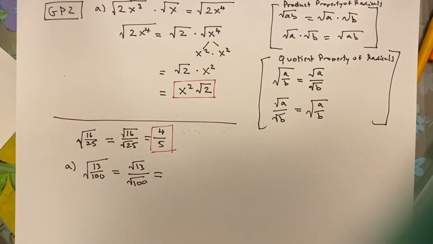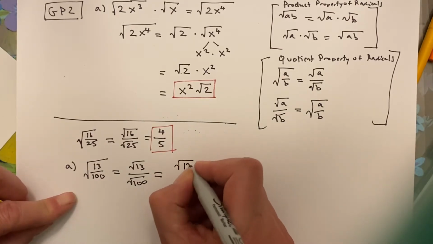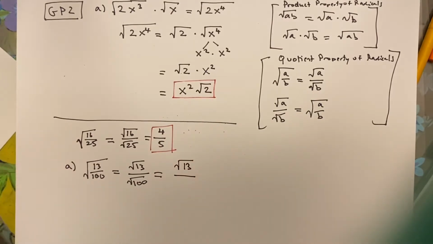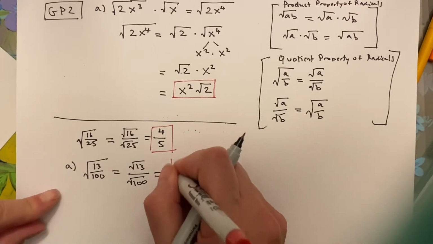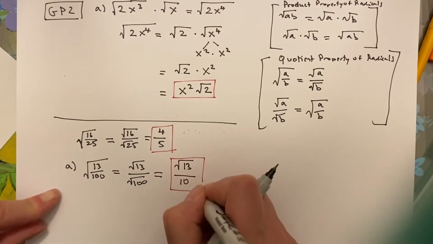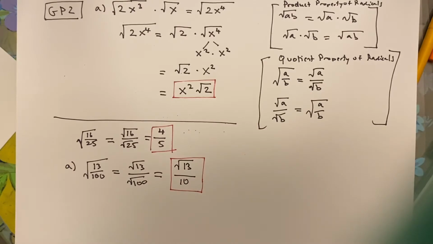Now, the square root of 13 can't be simplified any further than it is, so I'm just going to leave it as is. But the square root of 100 can be simplified to 10. When I have the square root of 13 over 10, I've simplified it as much as it can be, and I can leave the answer this way, as is.